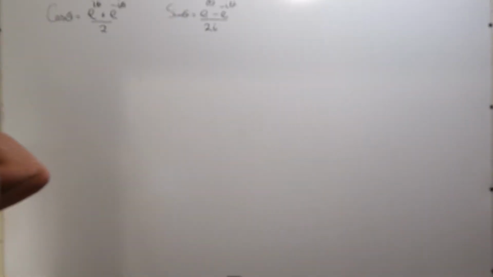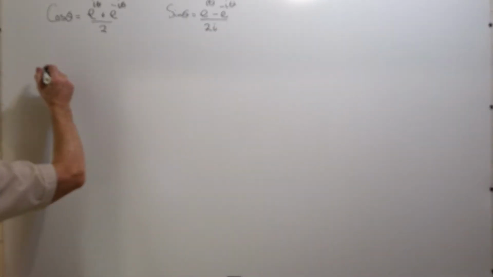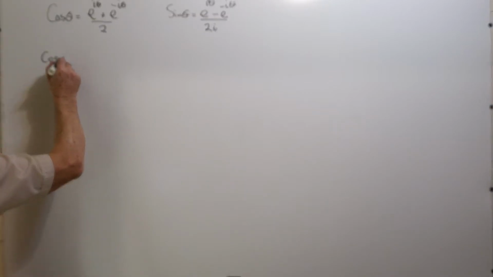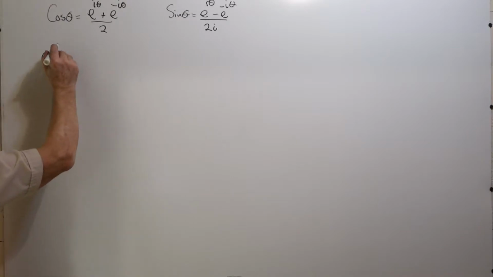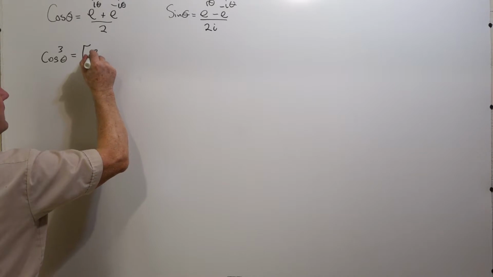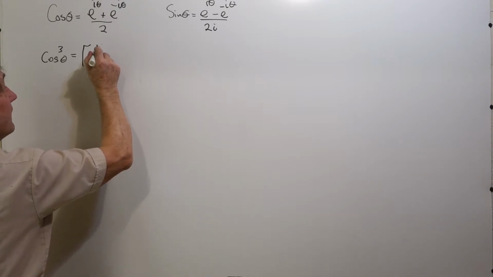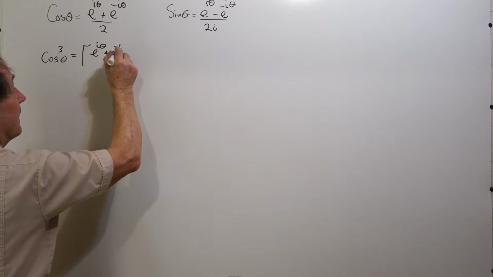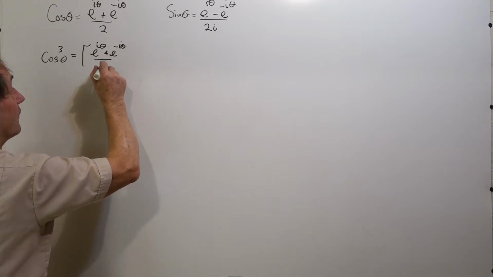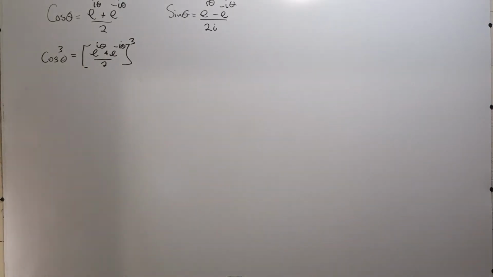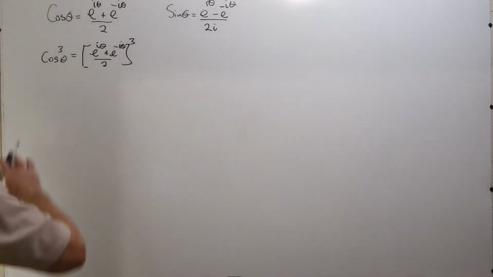Now what we're going to do here is just cube both sides of the equation. So we end up with cosine cubed of theta is equal to e to the i theta plus e to the minus i theta over 2, cubed. We'll work on the cosine cubed.